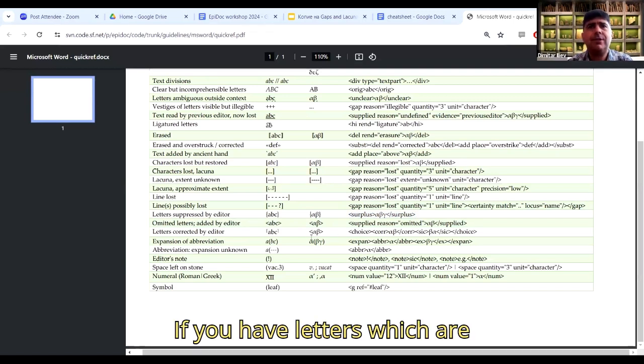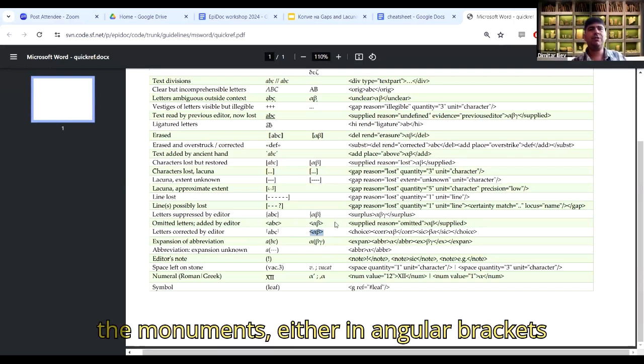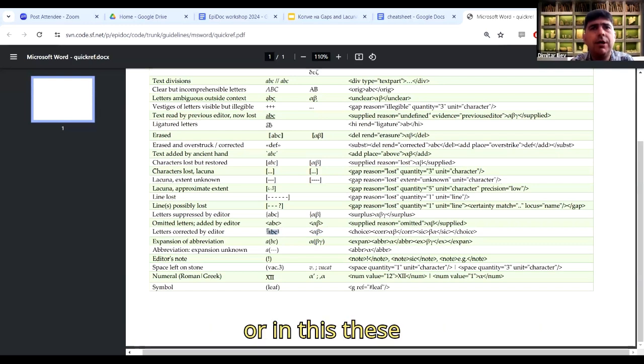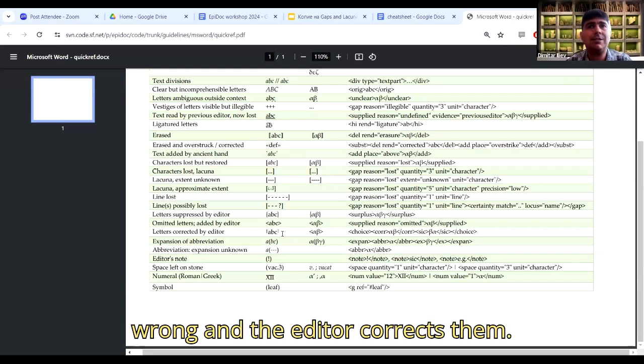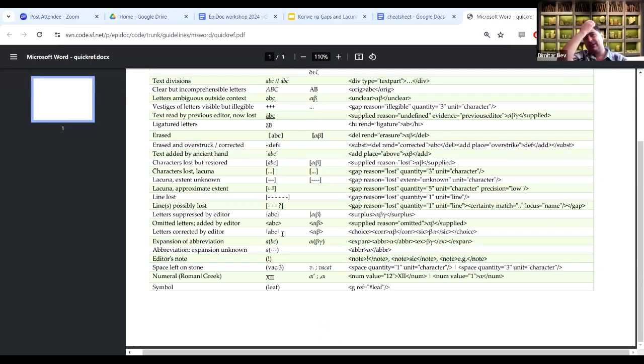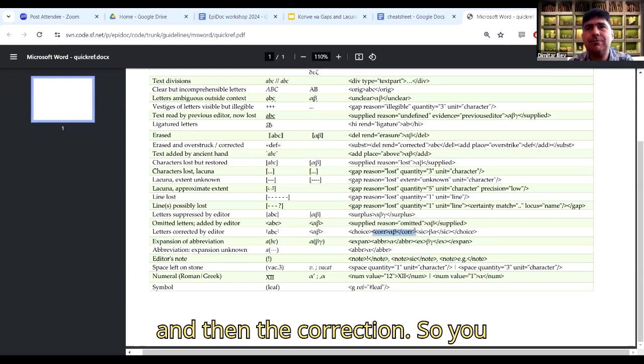If you have letters which are put in the editions of the monuments in square parentheses, I don't know how to call them, these are letters which were wrong. The stonecutter got the letters wrong, and the editor corrects them. And then you can use choice and then the correction.